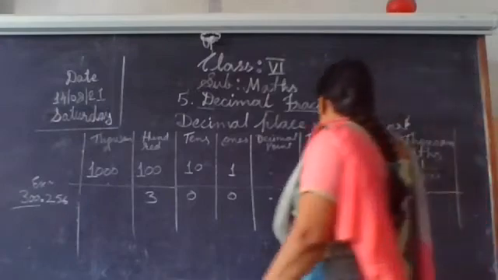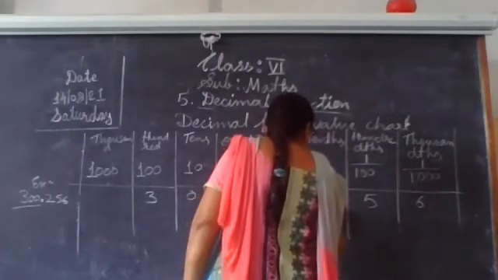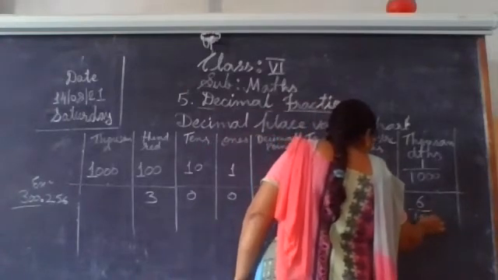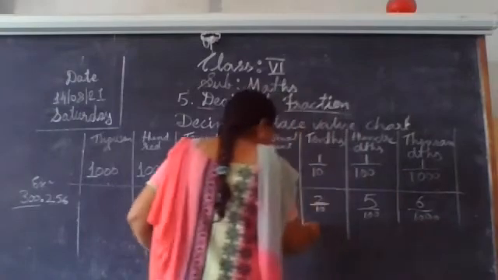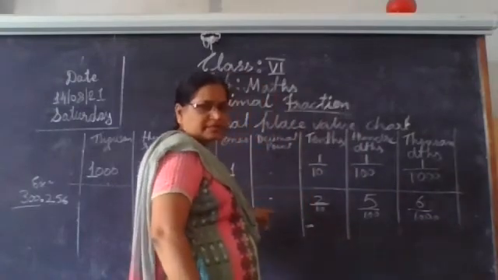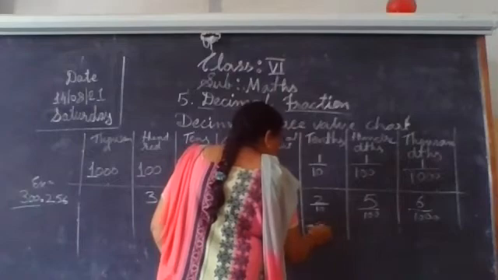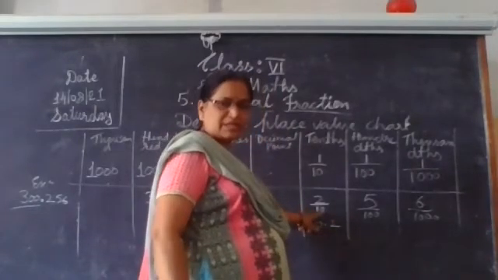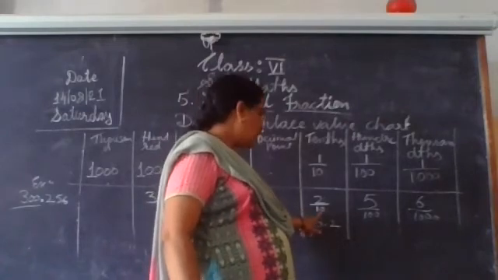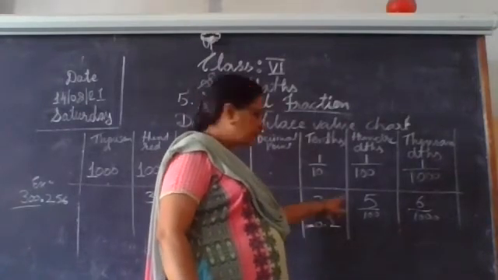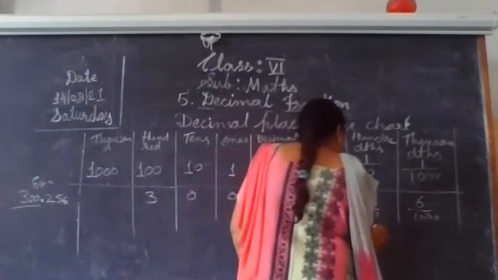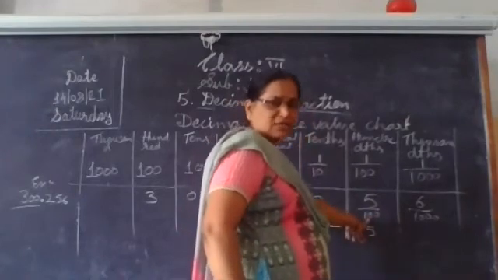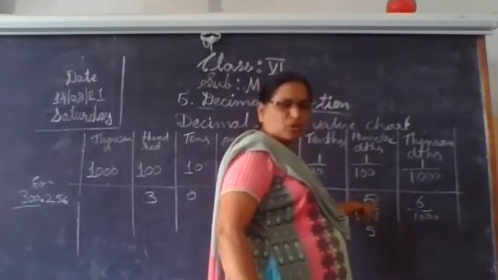So what will its value be? It is 2 upon 10. See, 2 upon 10 means 0.2. Since this 10 has 1 zero, you have to place the decimal point after one place. 5 upon 100: 100 has 2 zeros, so you have to place the point after 2 places.